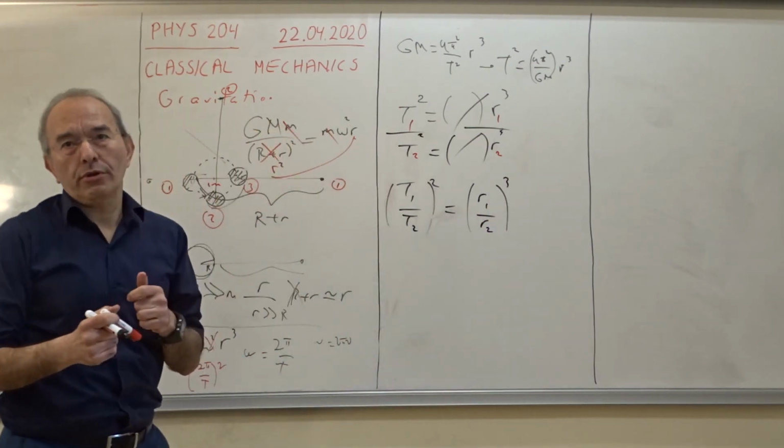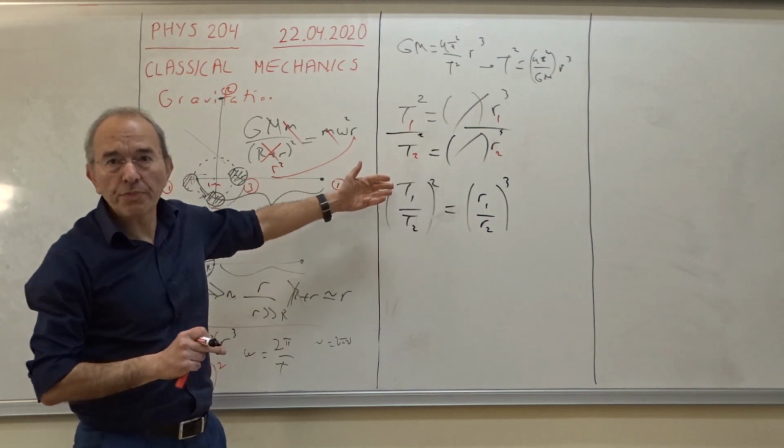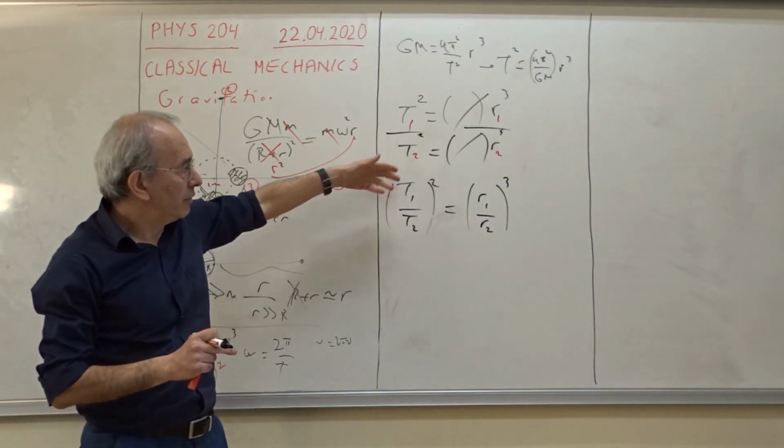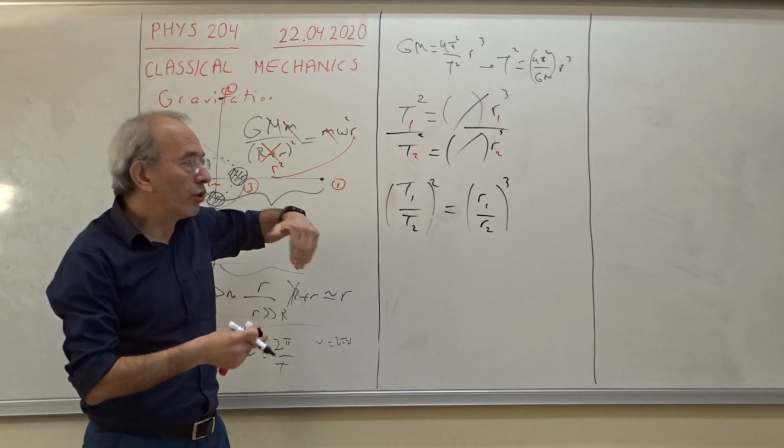So this is the third law. The ratio of the two periods squared will be equal to the ratio of the two radii cubed.